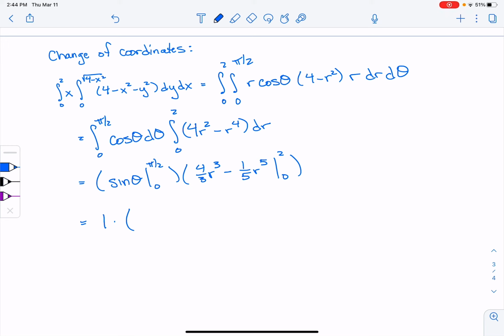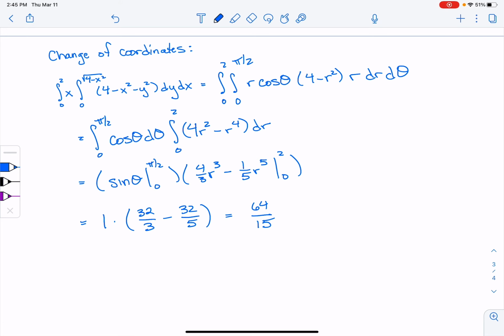So that's 4 times 8 or 32/3. And then I'm going to subtract 2 to the 5th over 5, which is 32/5. And then of course subtract 0. And it turns out that if you do this, finding a common denominator, you will in fact get 64/15.